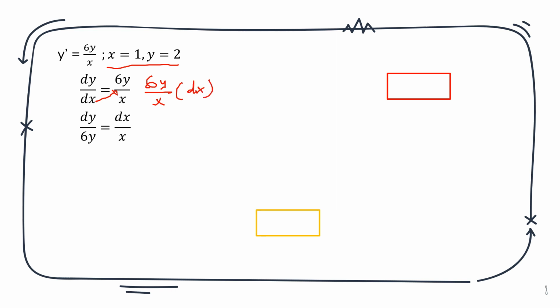So, by multiplying this part naman na to, pababa, ay makukuha natin ang value na dy over 6y is equal to dx over x. So, para makuha natin ang general solution ay kailangan nating integrate both sides.